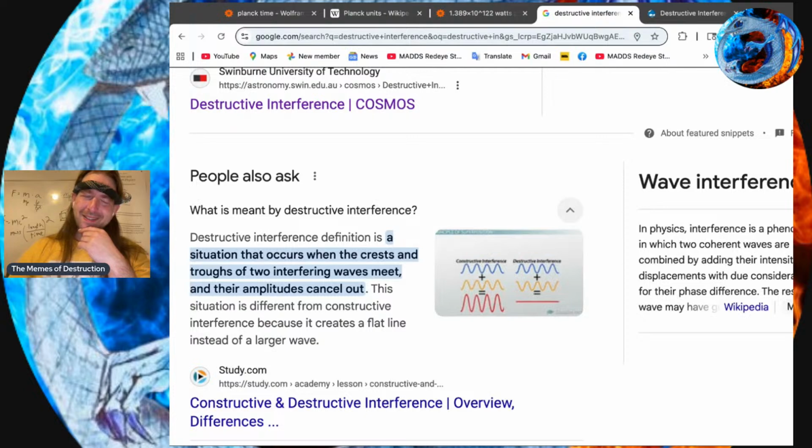Is that why there's a two in the 2GM divided by c squared for a Schwarzschild black hole? Because if you technically had two Planck energy photons going at each other, wait, no, they would cancel out.